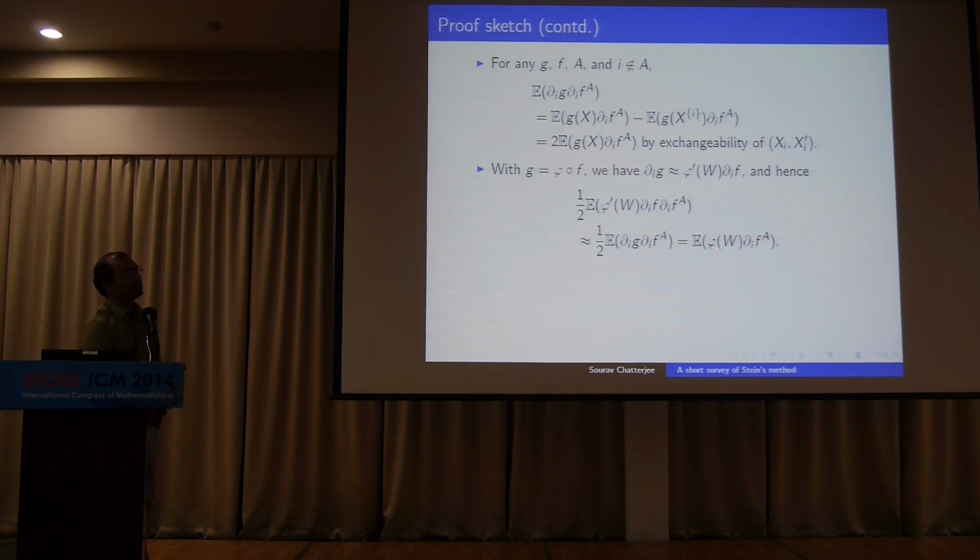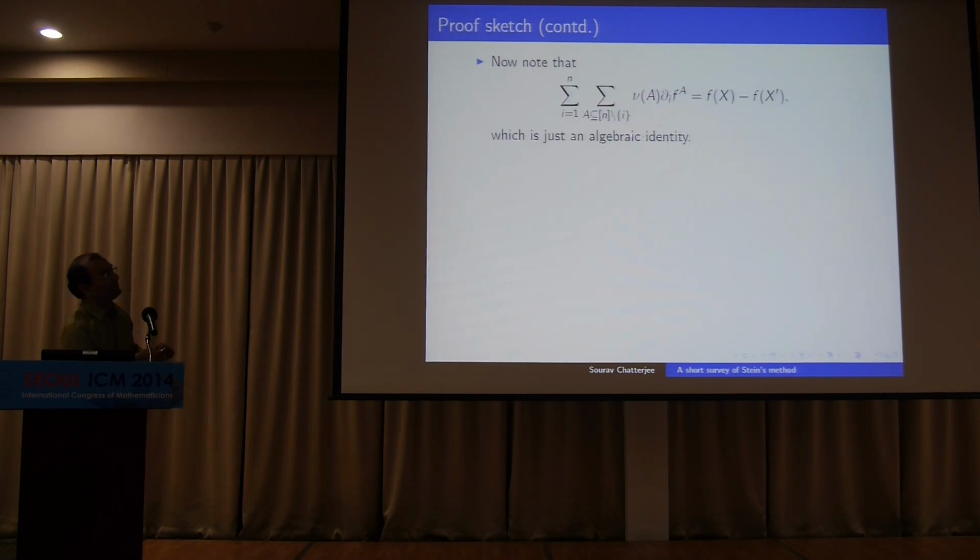So this phi prime becomes phi, and this product becomes just one thing. Okay? And then this expectation of phi prime of W times T can be written using this identity. So T, remember, T was a sum of products of these derivatives. Now it's just a sum of derivatives. You have removed one thing. And this sum is actually very simple. So this sum, it's just an algebraic identity. It's just f(x) minus f(x prime). So you're just going from x to x prime. You're replacing everything.